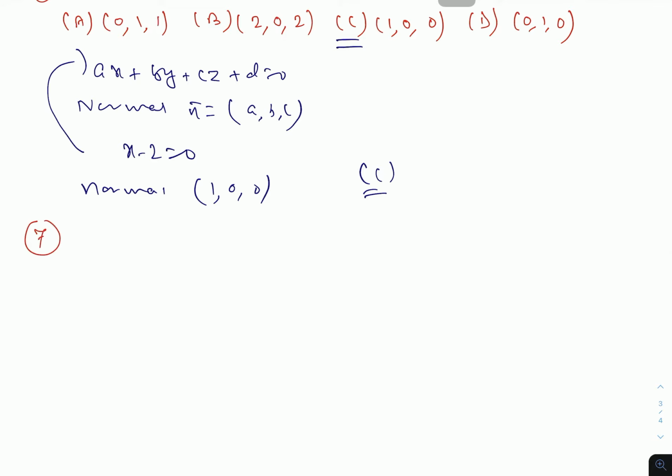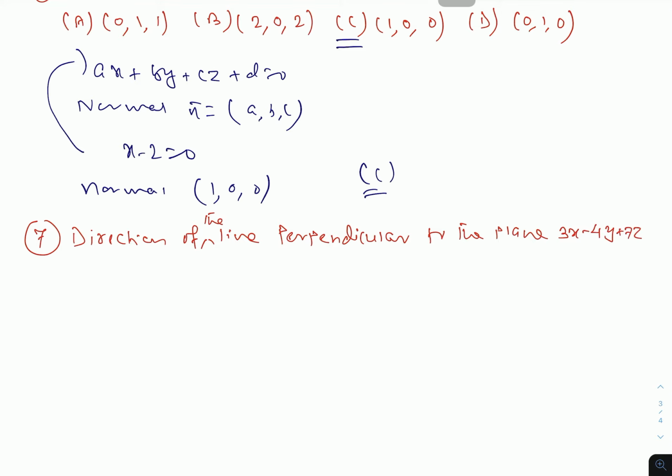Next, direction of the line perpendicular to the plane 3x minus 4y plus 7z equal to 2 and passing through minus 1, 2, 4 is blank.